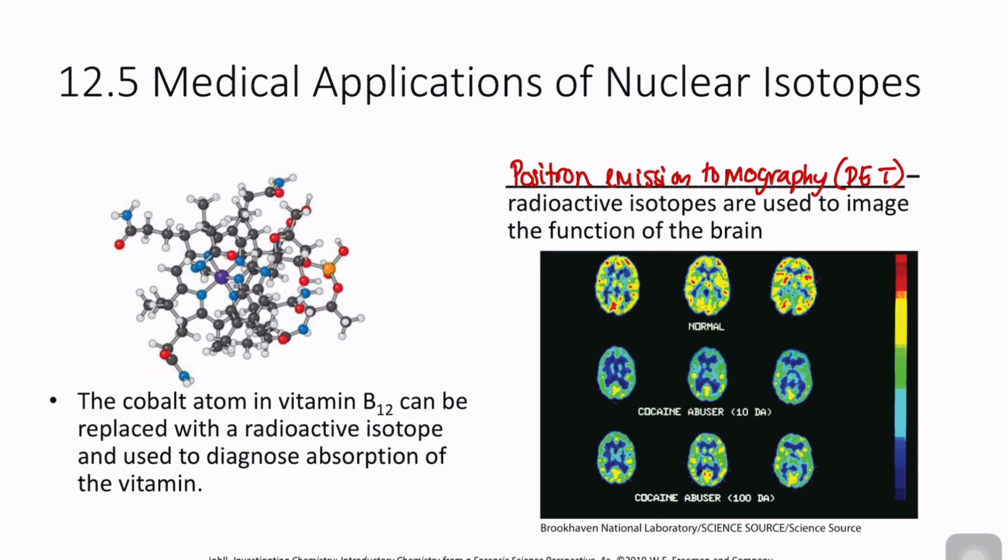On top, we have normal function of the brain. These two down here are cocaine abusers, and you can see the function in the brain is very, very different.